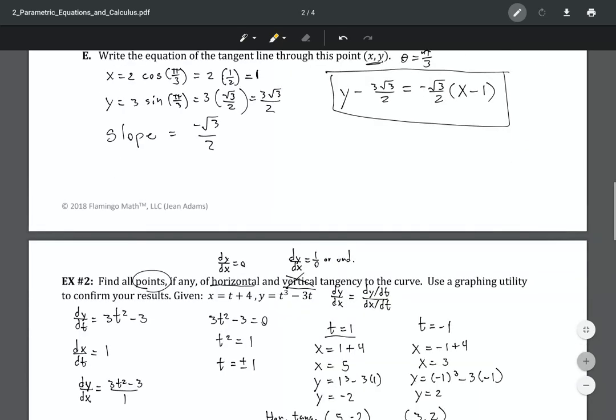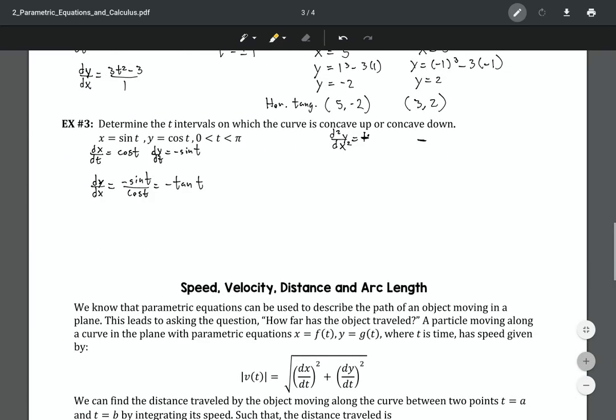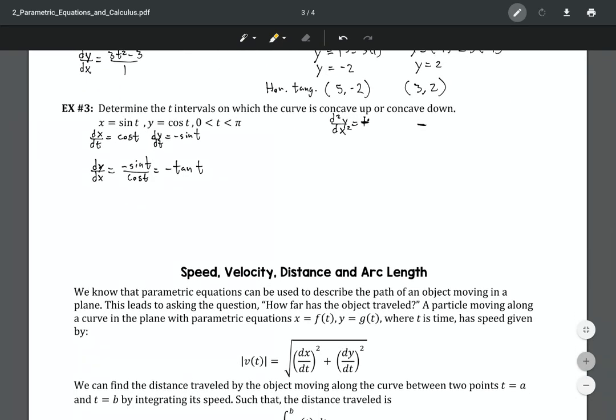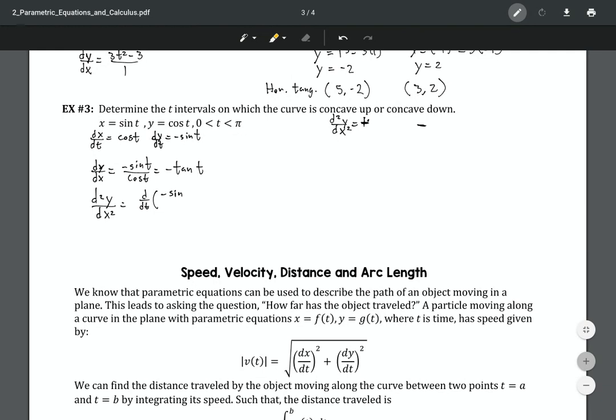The second derivative with respect to x is going to be equal to the derivative, and you know what, I'm going to keep it as negative sine over cosine because that's going to be easier for me to plug in the values later.